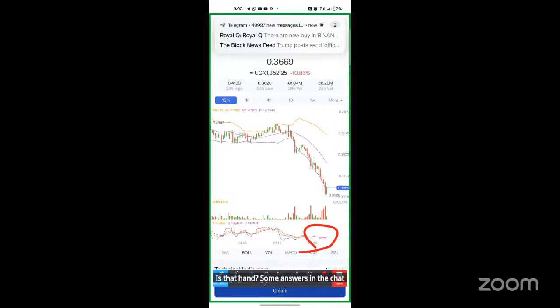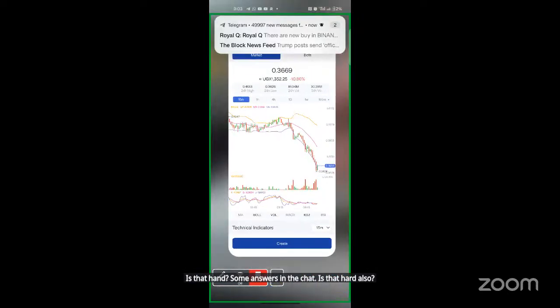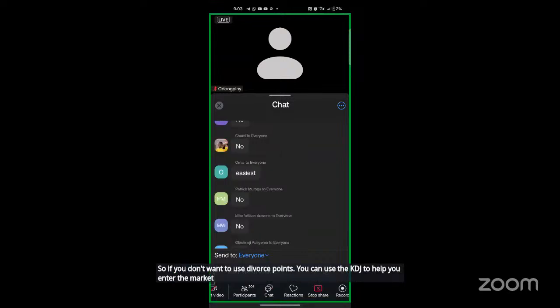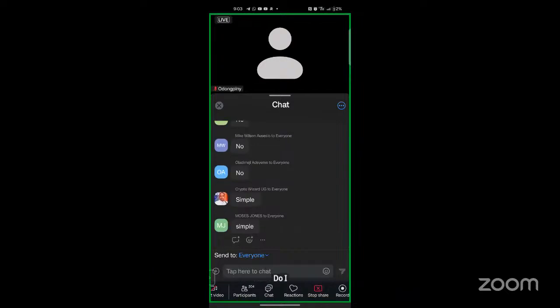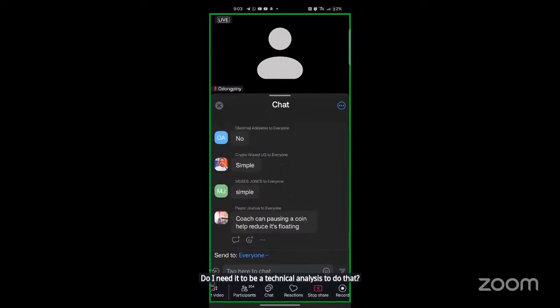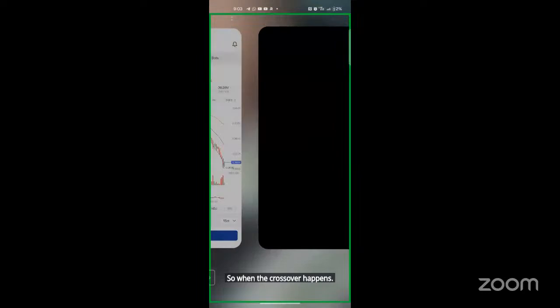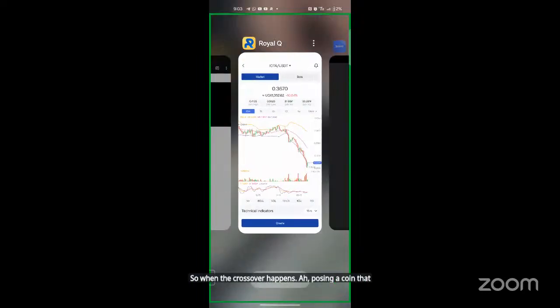Is that hard also? If you don't want to use pivot points, you can use the KDJ to help you enter the market. Do I need technical analysis to do that? When the crossover happens, pausing a coin does not reduce floating loss.